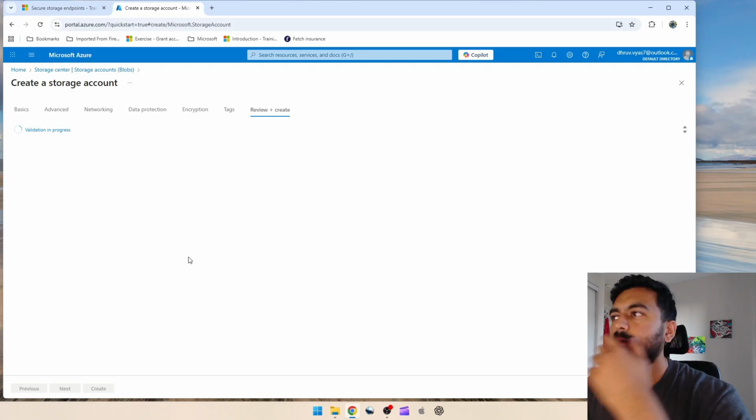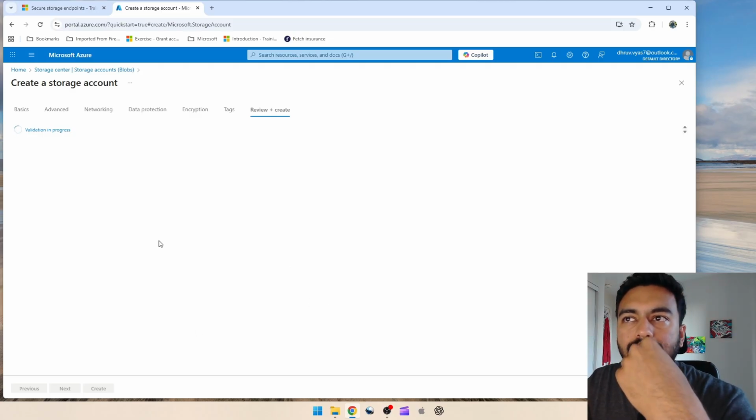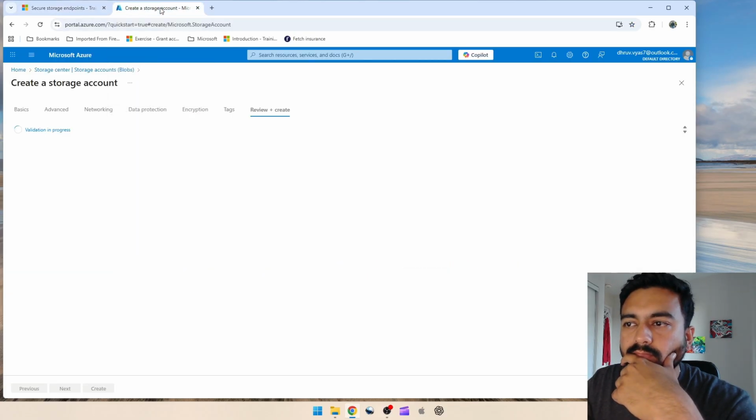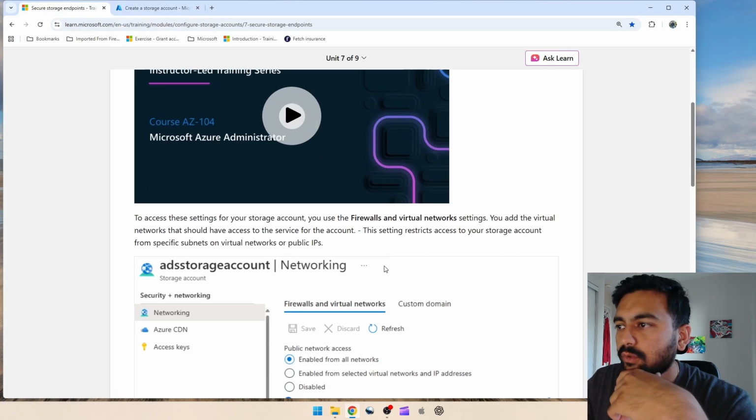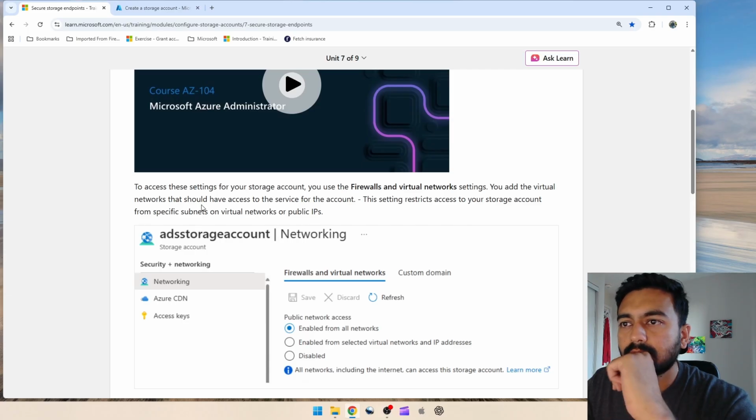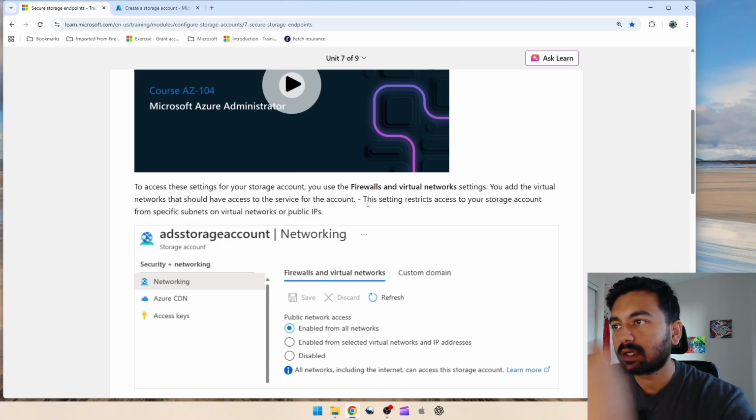Let's create one. And then you go to the settings, you add the virtual network that should have access to the service for the account. The settings restrict access.